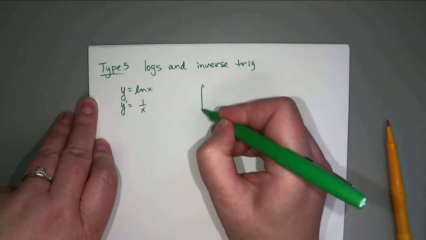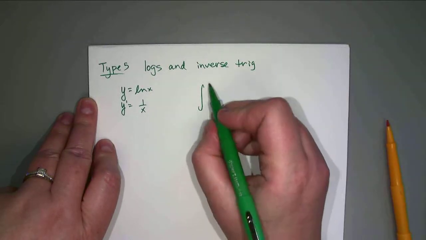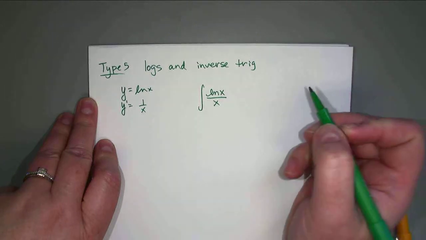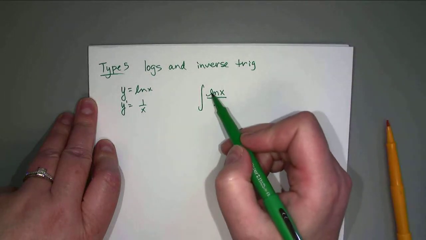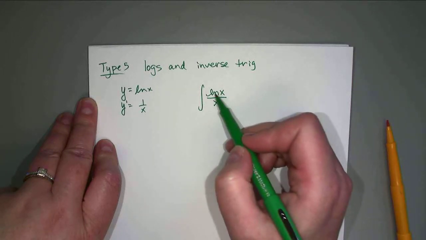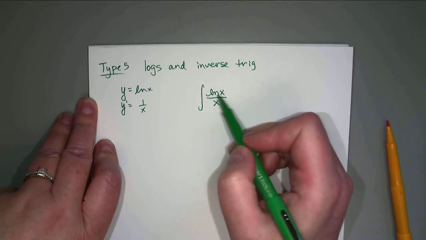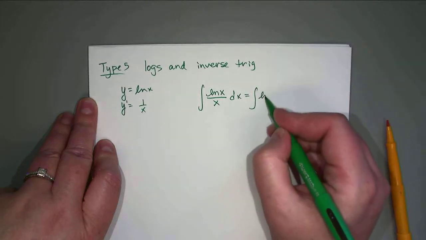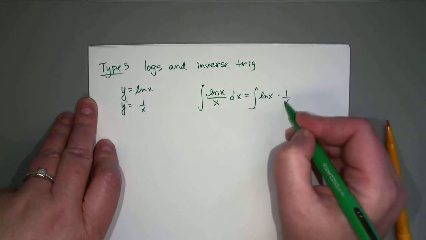So, for example, just a basic one, ln x over x. These x's don't cancel. Ln x is one entity. The x is attached. It needs an argument, and the whole thing is divided by x. So this could also be seen as ln x times 1 over x dx.